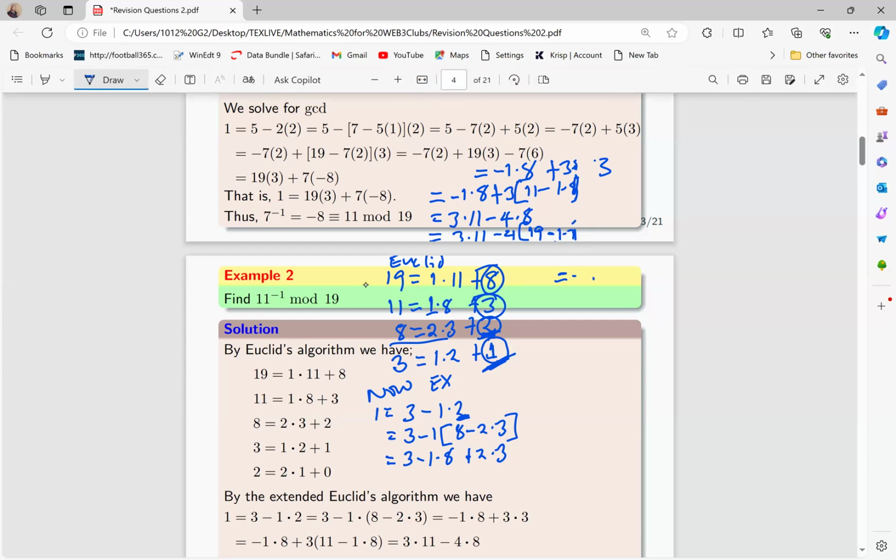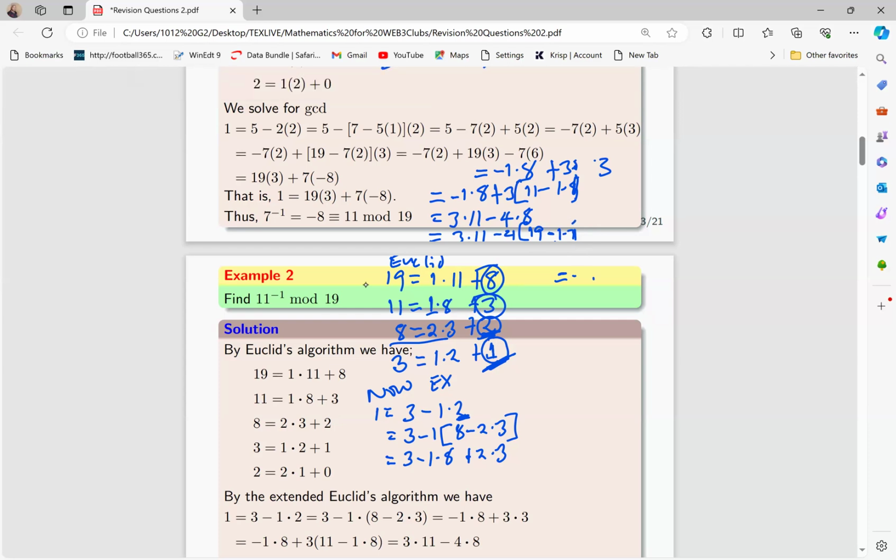Now let's open that bracket. I'll do it here. This will give us 3 times 11.